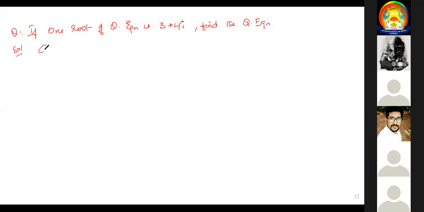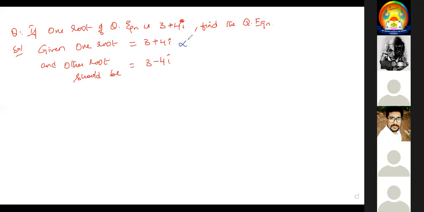The given one root is equal to 3 plus 4i, and the other root should be 3 minus 4i. One root is 3 plus 4i, therefore this is alpha, this is beta.